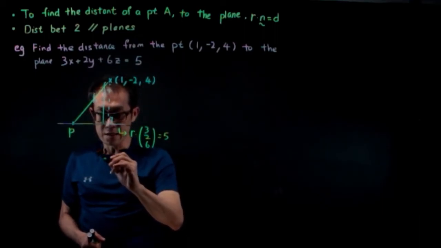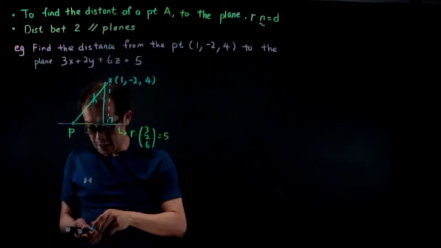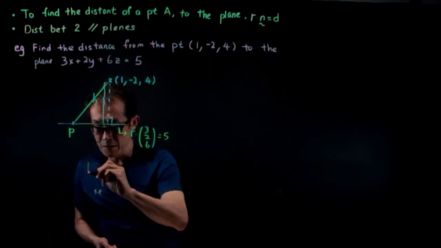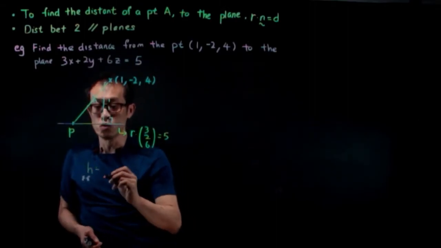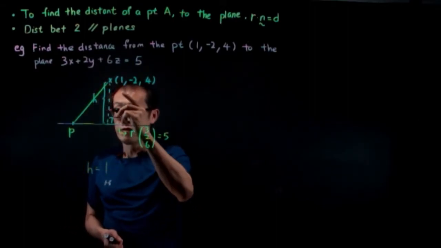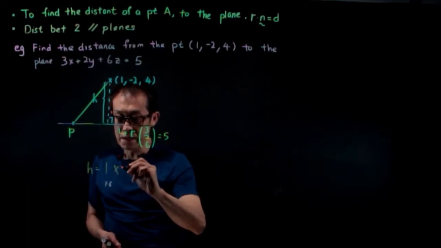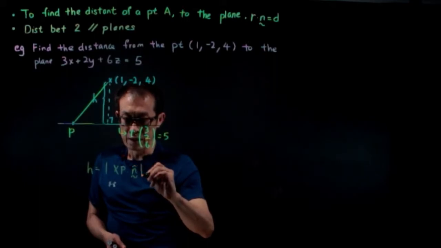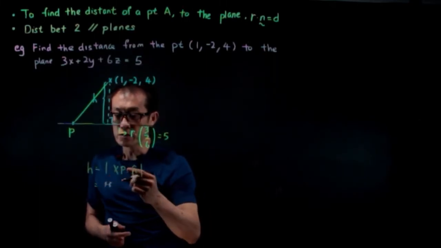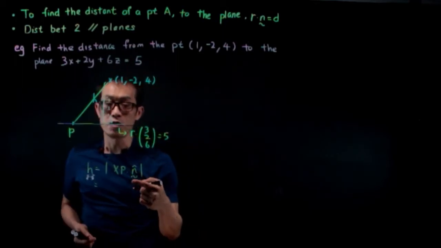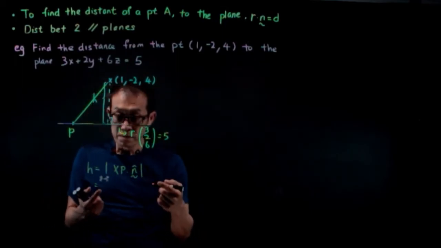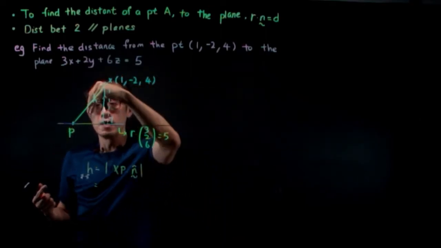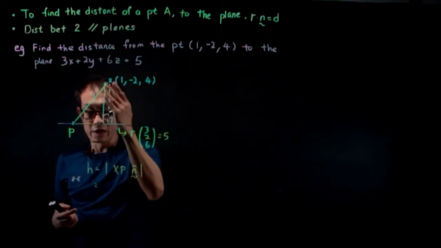So the required distance h will be equal to the modulus of XP dot unit vector n. You need to take the modulus because distance is always positive. Now this might come out to be negative, depending on the angle between the vector and the normal.